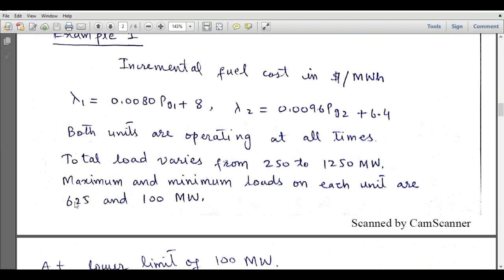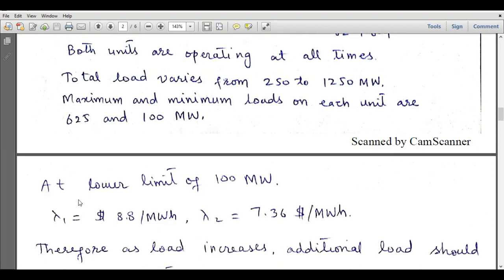So these are the maximum loads which can be applied on each unit, and this is the minimum load. Each unit is operating at 100 megawatt minimum, and the maximum load which can be applied to one unit is 625 megawatts.